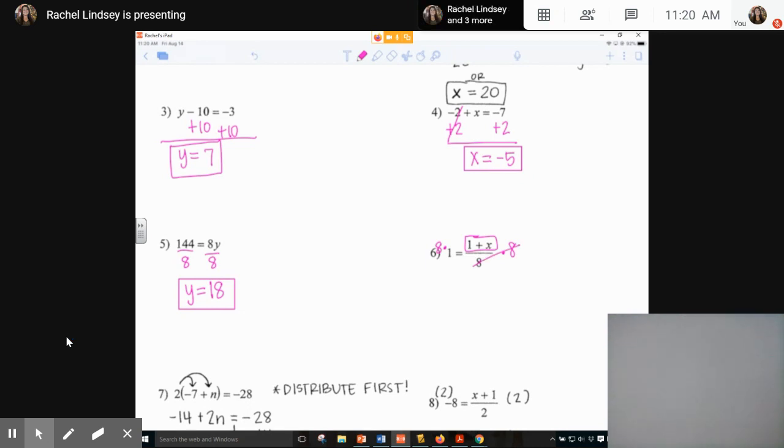So 8 times 1 gives me 8. And then I'm going to have it equals 1 plus x. That was my first step. Now I've got my second step. What do I need to do to both sides? Subtract 1. So those cancel. Bring down the x. And what's 8 minus 1? 7.